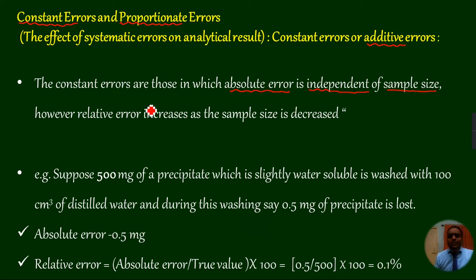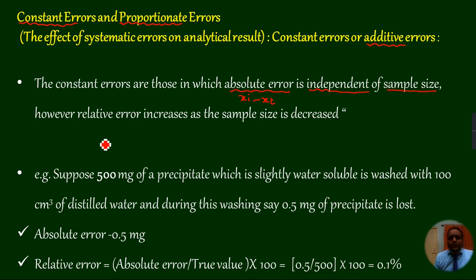That means in constant errors, if you see the absolute error, that is xi minus xt, this value will be independent of sample size. Whatever sample size you are taking, it will not change the absolute error.